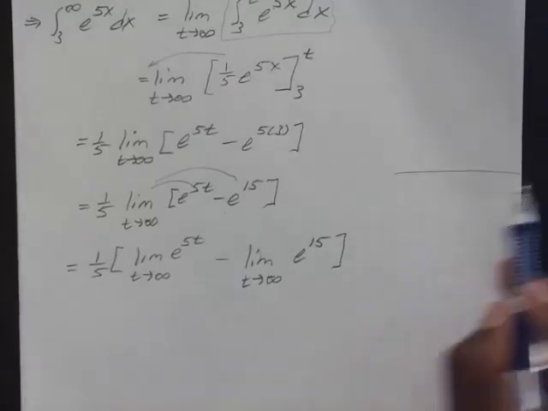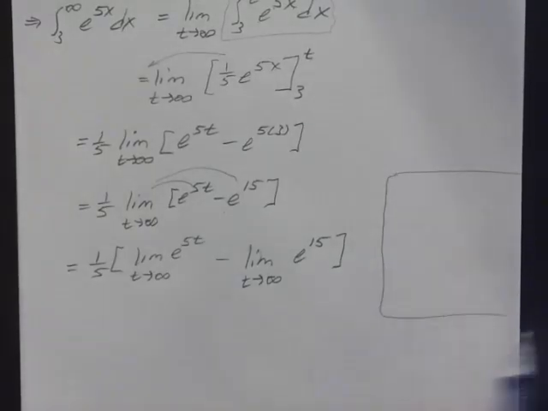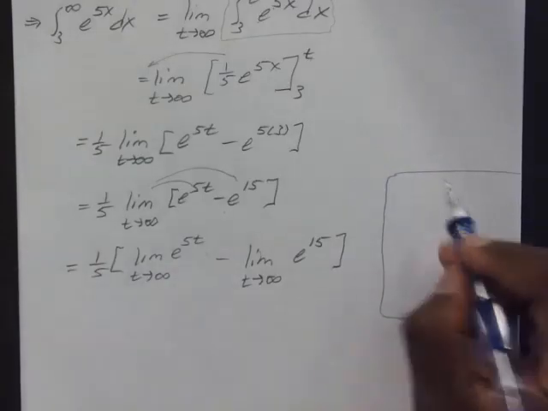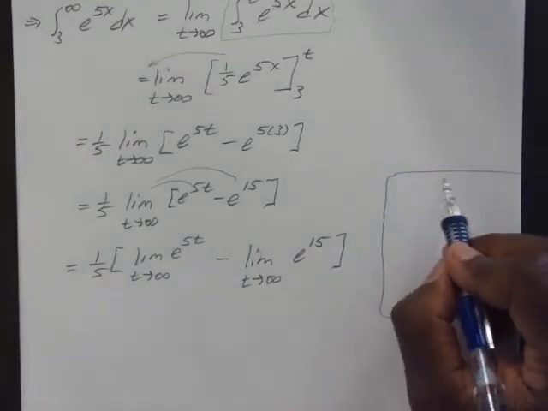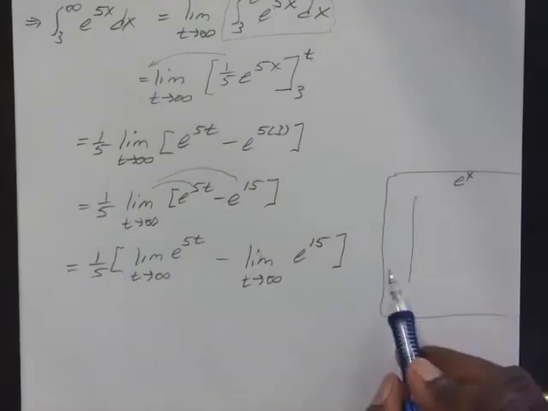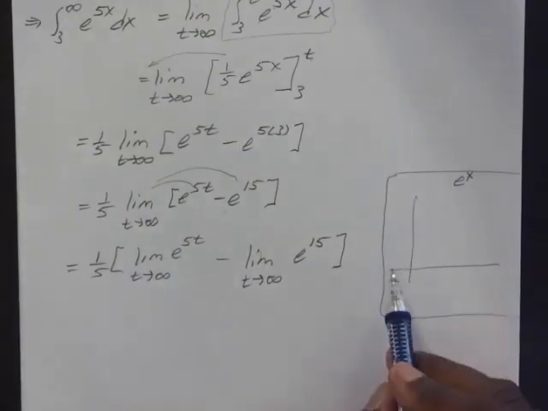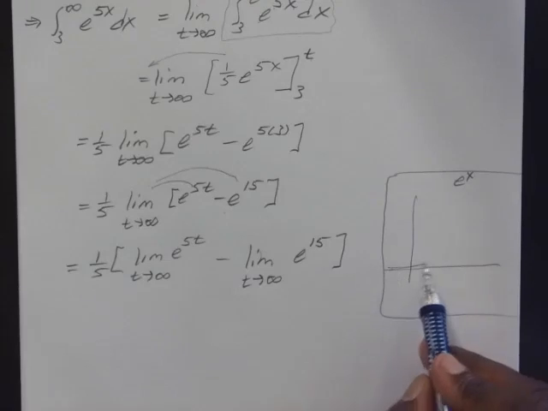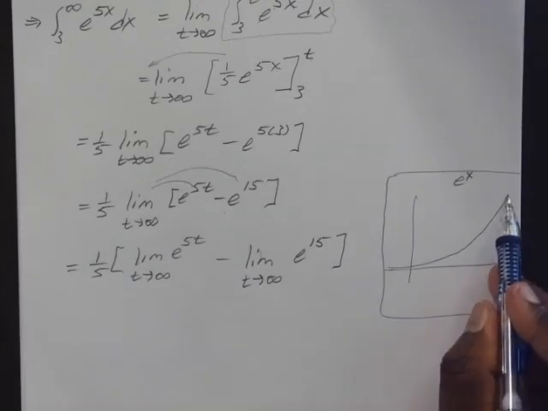Okay. Well, we know if we look at the graph of e to the power of x, or you can say e to the power of t, completely up to you, that graph kind of looks like that, and it keeps on going and going.